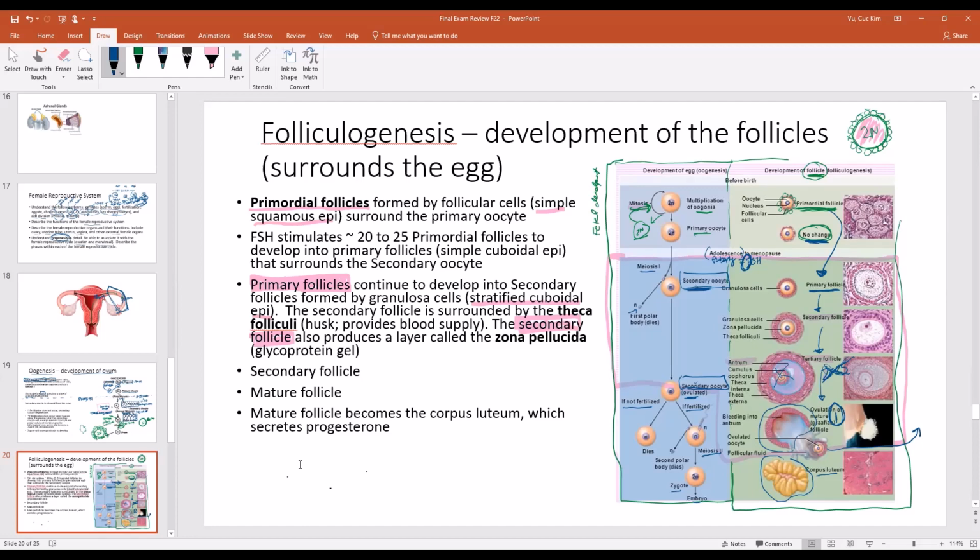The follicle surrounds the egg, or the oocyte. Yep. So there's nothing surrounding the follicle, but it's the follicle that surrounds the egg. And then you start with the primary oocyte.